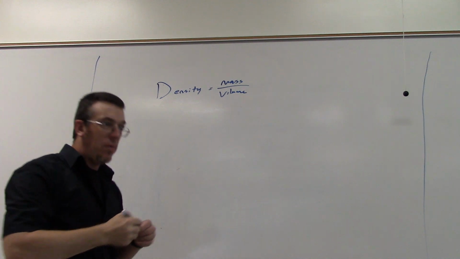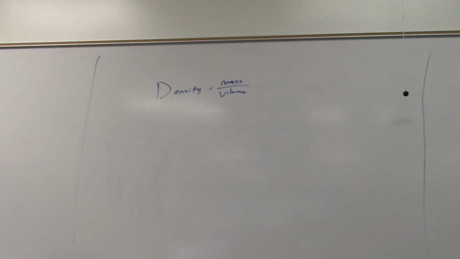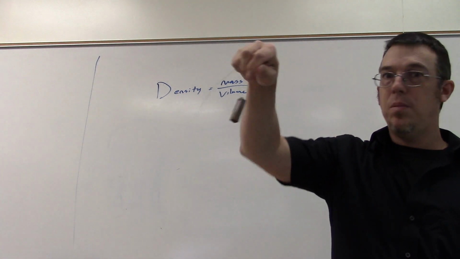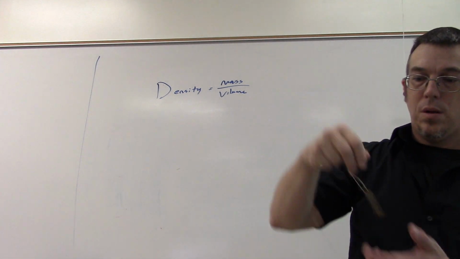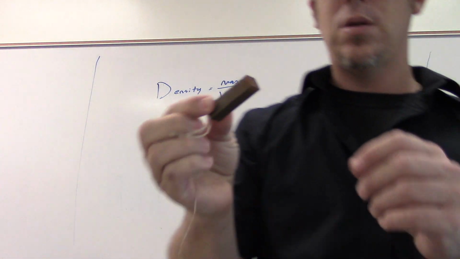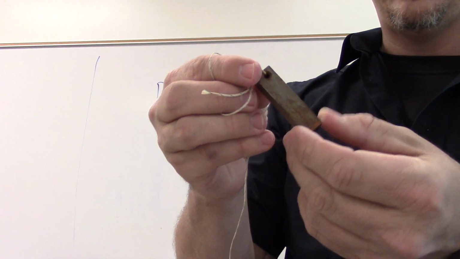So every object that we come in contact with has some form of density. So in my hand I have a metal object, and there's nothing special about it. This metal object has a little bit of red-orange staining on it.